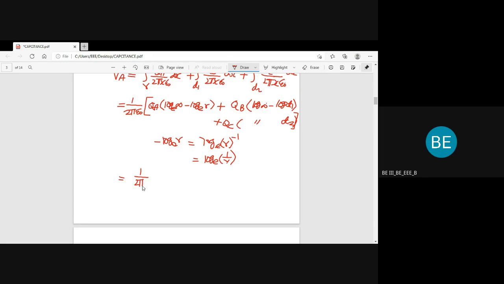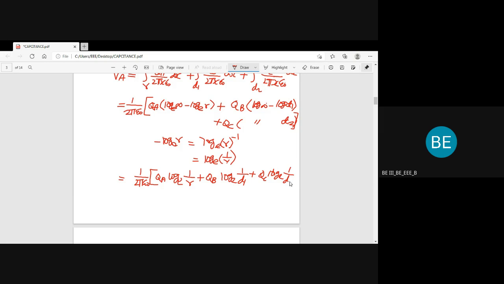So we get 1 by 2 pi epsilon naught times QA log e of 1 by R, plus QB log e of 1 by D1, plus QC log e of 1 by D2.